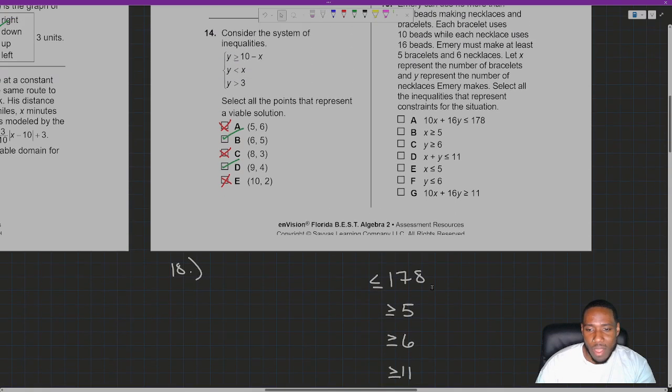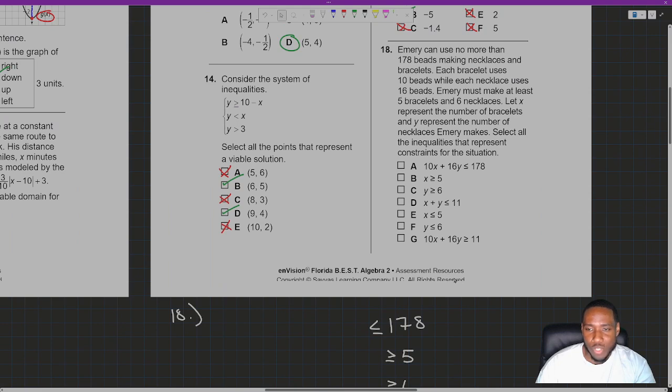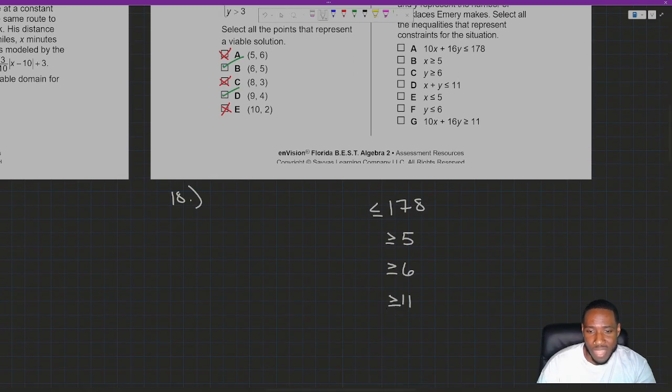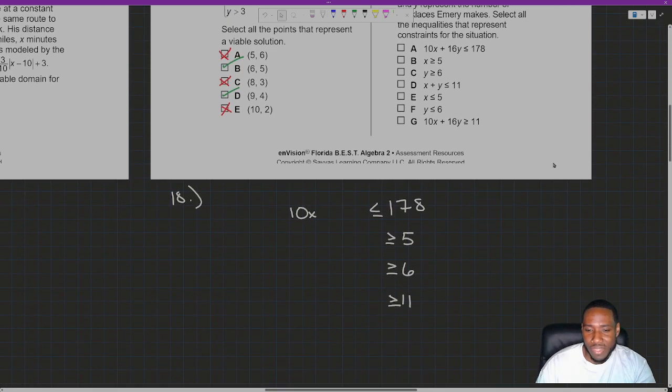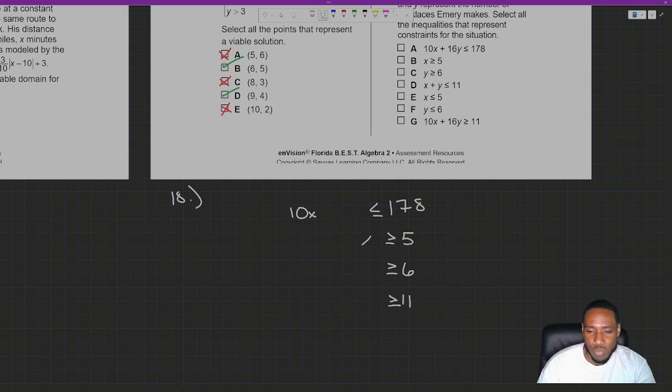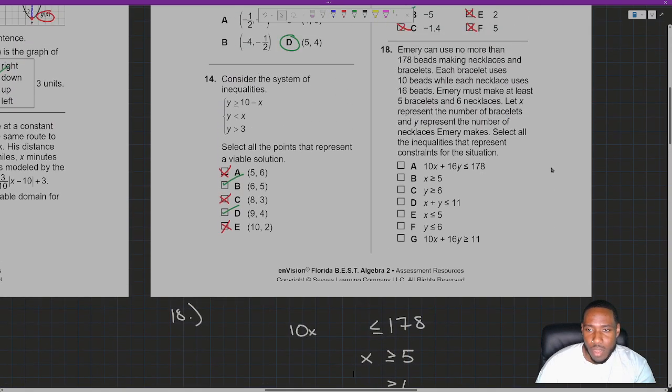So now let's figure out how our variables and our coefficients are working. We know that in terms of bracelets, she uses 10 beads, and they told us to use X to represent the number of bracelets, so that should say 10X. And for the number 5, she needs to make at least 5 bracelets, so that's going to be X, which needs to be greater than or equal to 5. For the necklaces, we know she uses 16 beads.